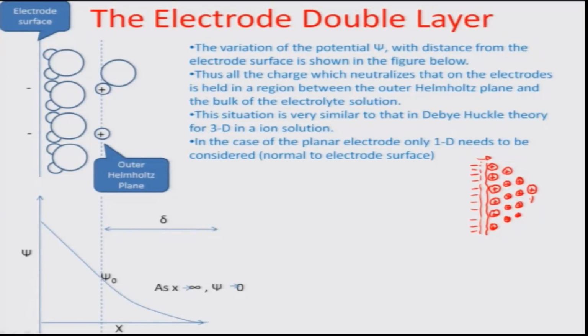So obviously this is the Helmholtz layer, and this whole layer of charge until the balance is complete is called the diffuse layer.